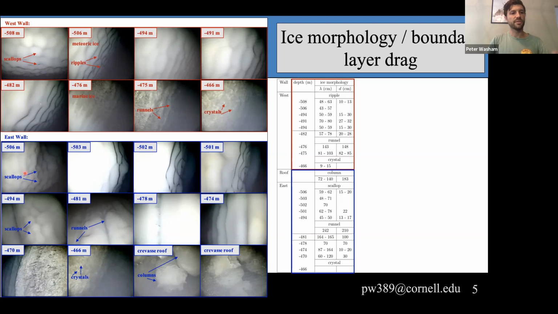You now have scallops. So these are more symmetrical features. This is consistent with the more randomized flow pattern until you get up to about 490 meters, and then moving upwards from there towards the supercooled region, you have these awesome runnel features. They're very vertical in orientation.